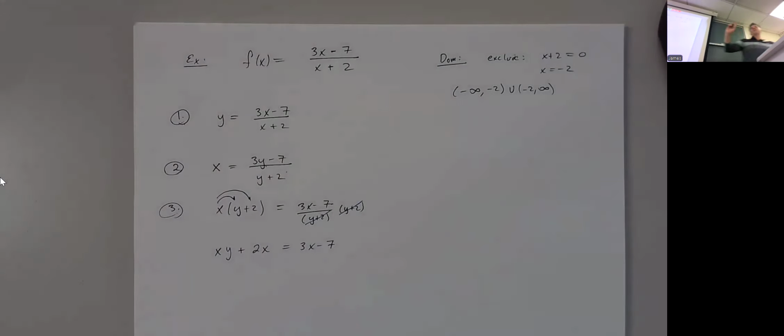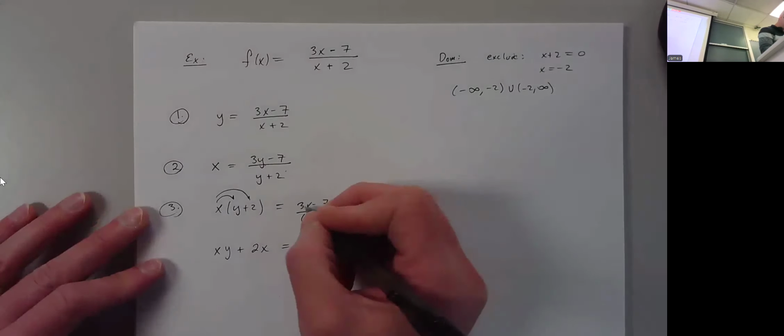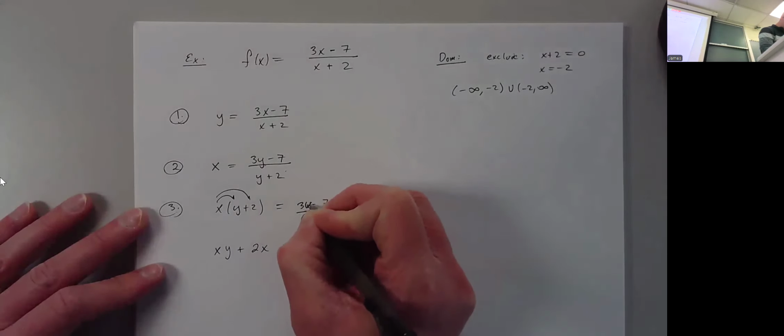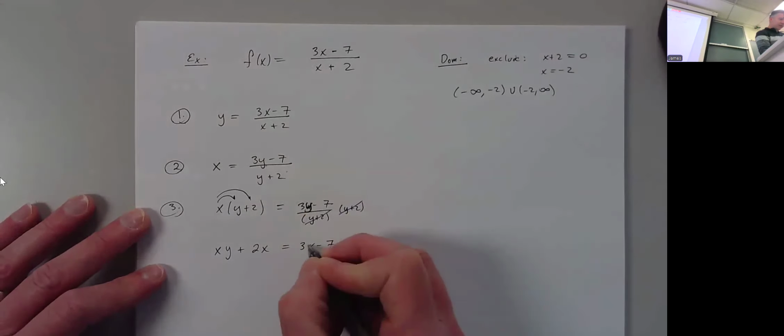Before you say anything, I was saying I need to group all the y's on one side, but they already are. Yeah, that's an easy mistake to make, right? Y and x, unfortunately, are kind of similar, at least when I write them. So be careful here. That should be a 3y minus 7.